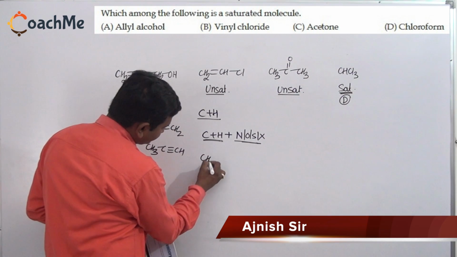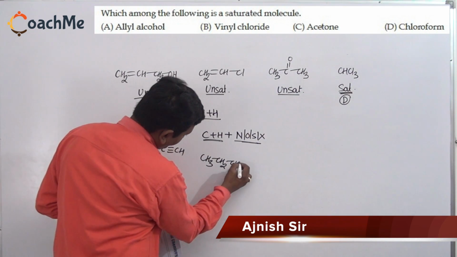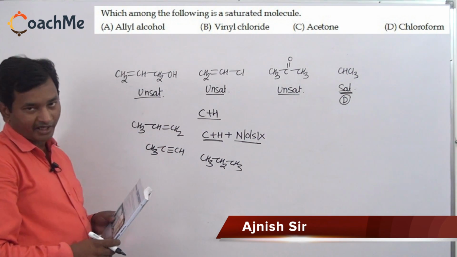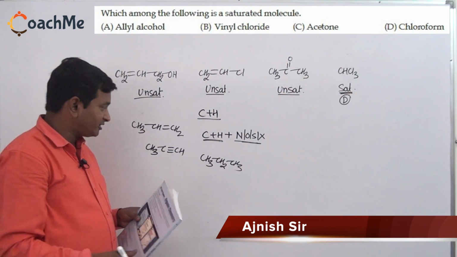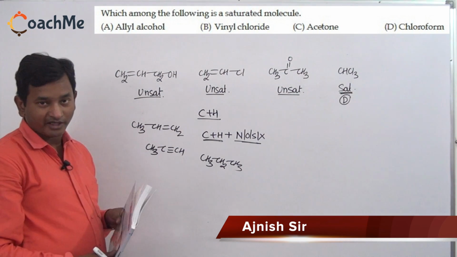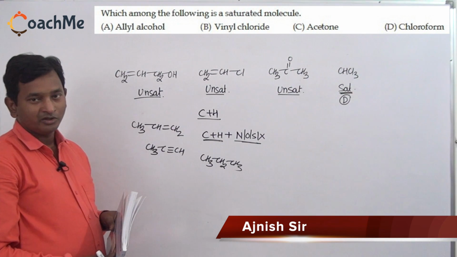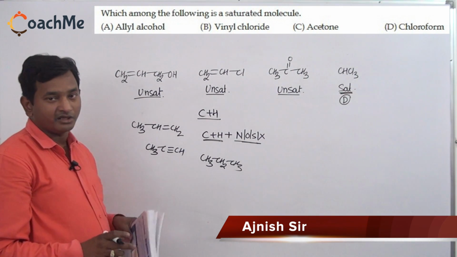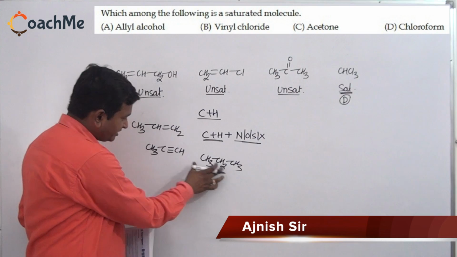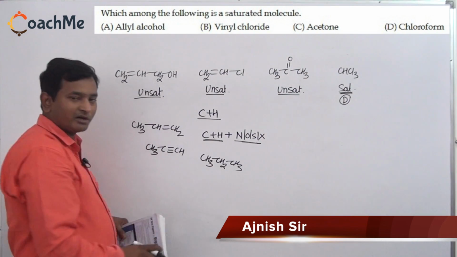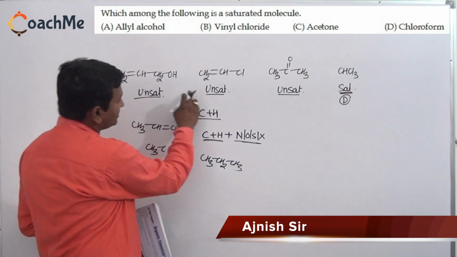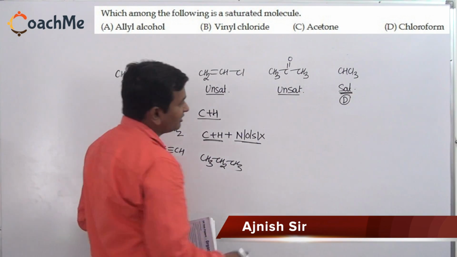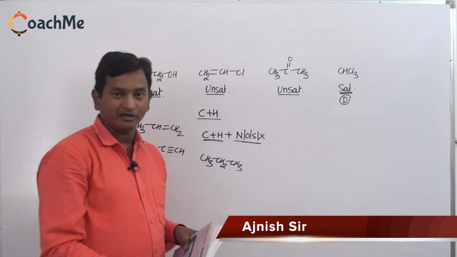But for propane, this has only carbon and hydrogen and no multiple bond, so this is called a saturated hydrocarbon. The definitions must be crystal clear: which is called saturated, which is called unsaturated hydrocarbon, and which is called unsaturated hydrocarbon derivative and saturated hydrocarbon derivative.